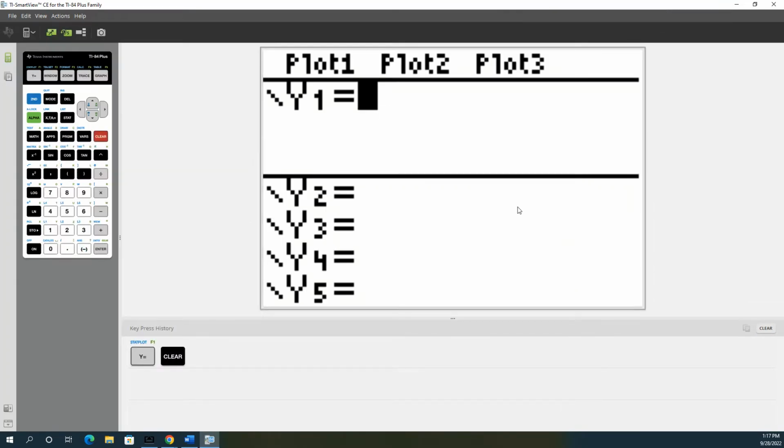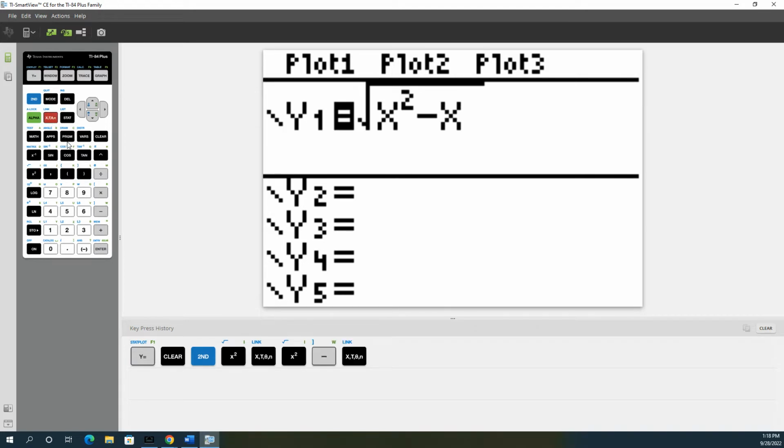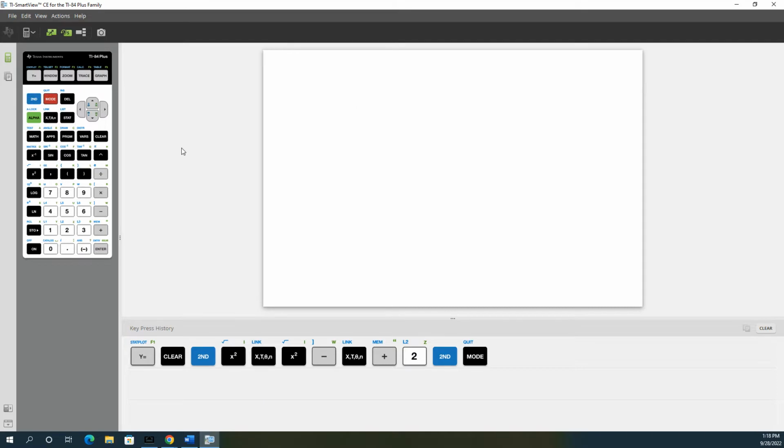All right, so what we'll want to do is go to y equals and type in the g function. This is a good idea because we're going to use this g function multiple times in this problem. Now when we're on the home screen, where you do second mode, anytime we write y1, it's going to be that function.